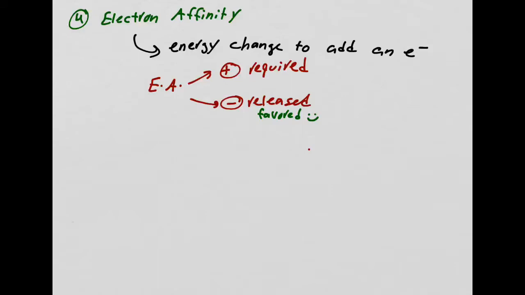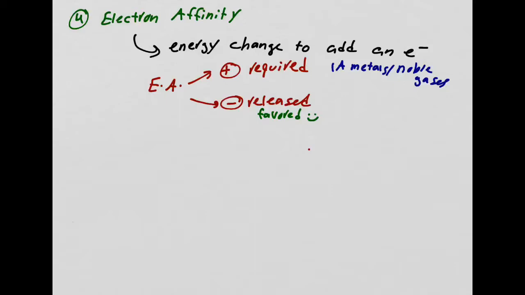Now, let's talk about 1A metals and noble gases. They do not want to add an electron. Noble gases are already beautiful. They don't want to add an electron.